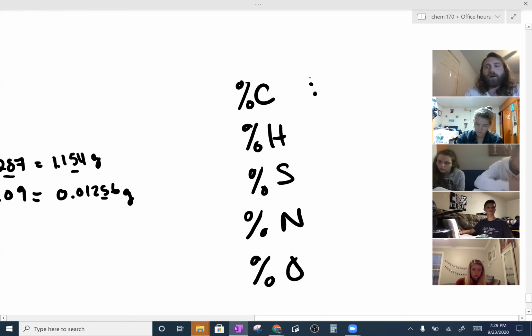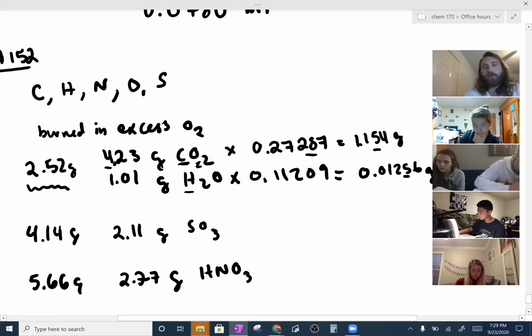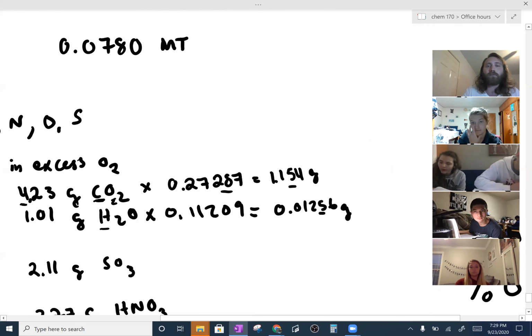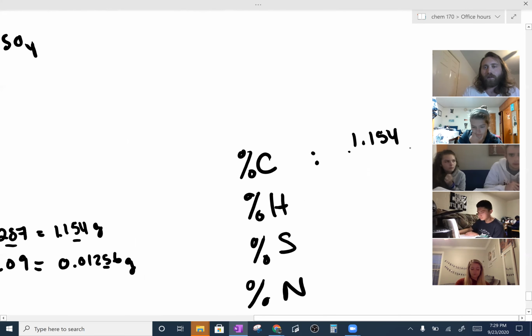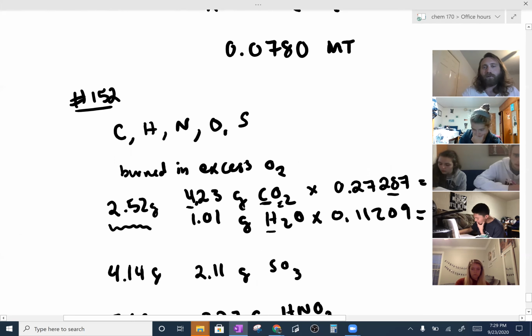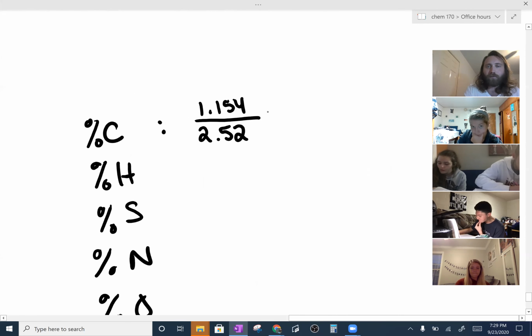Okay, so the percent carbon in this case, all I have to do is take the mass of carbon, 1.154, divide it by the total mass, 2.52 grams, and multiply by 100, and that gives me the percent carbon. So that would be 1.154 divided by 2.52, multiplied by 100.